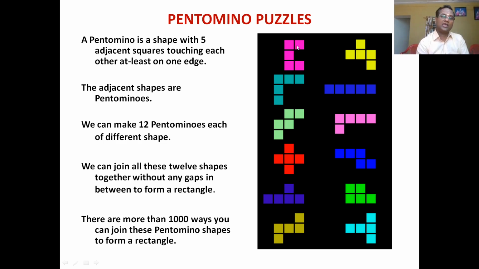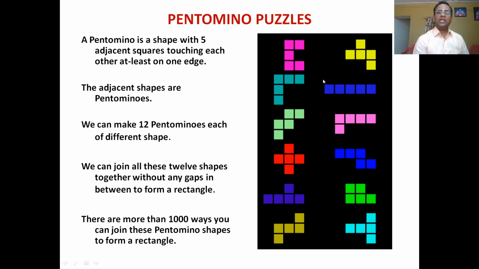And in each case, since it is a pentomino puzzle, I have to use 1, 2, 3, 4, 5 squares only, not more than 5. So you can see I can draw 12 different pentomino shapes. Okay.